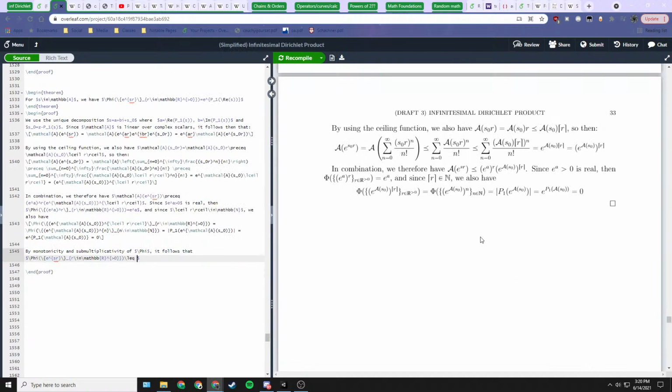That's all we need. Okay. Less than or equal to e to the a. That doesn't seem right. Oh, that's e to the 0 is 1. I'm a silly goose. Okay. I think that's good.